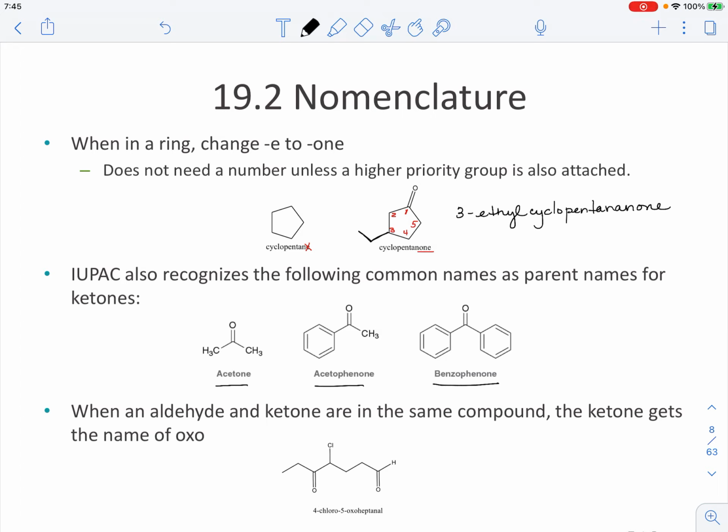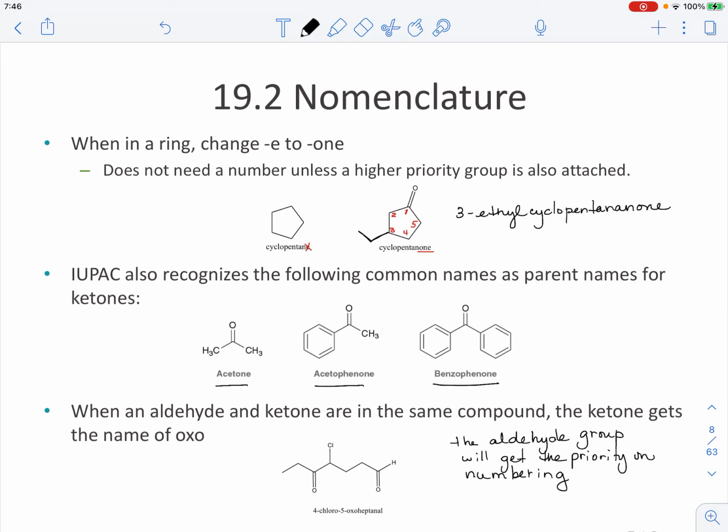What does that mean? That if we have an aldehyde and a ketone, the aldehyde group will get the priority in numbering.